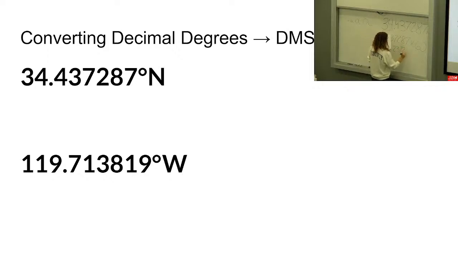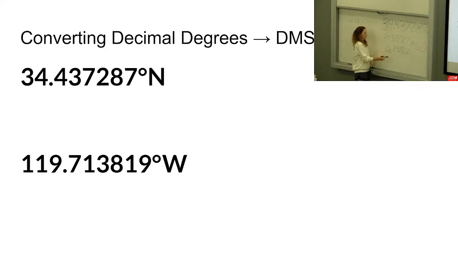So if I multiply this out, it gives me 26.23722. And so I'm going to take a part of this and use it for my final answer. So I'll start writing, can you see it over here? Yes. Okay, I'll start writing my final answer over here. So we know that 34 is going to be in our final answer, and now we know 26 is in our final answer.